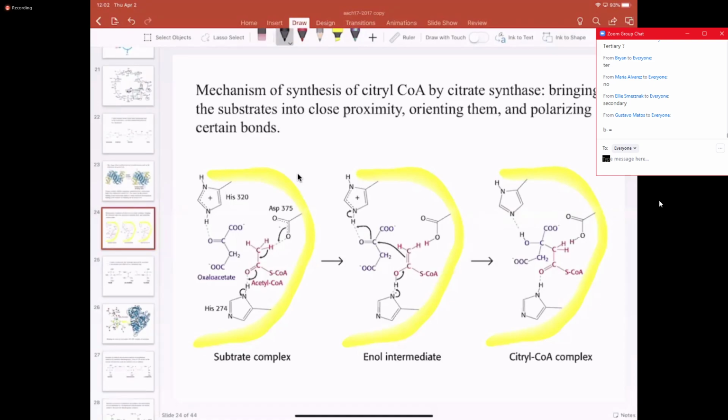This enol intermediate then attacks the carbonyl of oxaloacetate in a standard condensation reaction, and you make the corresponding citryl-CoA. This is very similar to reactions you've seen in organic chemistry, and so there's nothing really special here. It's just catalyzed by an enzyme.